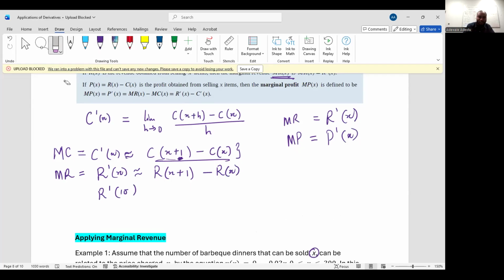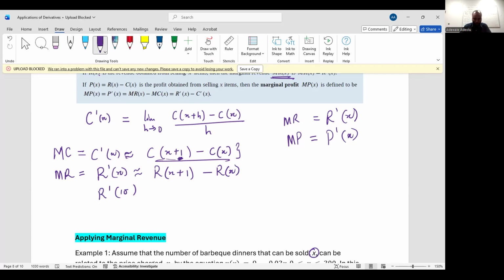It is the same thing as saying I want to know the marginal revenue, that is the revenue generated when I produce or when I sell the next one item after 100, because it is 100 plus 1. I hope you are with me, right?